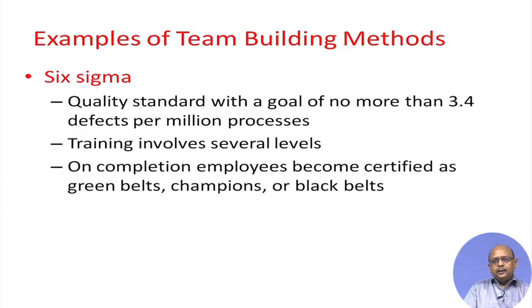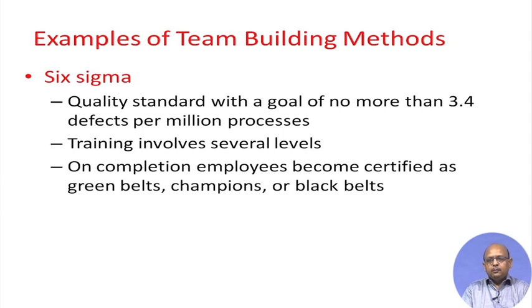Now, I am just giving some examples of team building, like Six Sigma. Six Sigma, you know, is a method for improving quality. You have to bring in quality standards at the rate of 3.4 defects per million processes, right. There are different processes through which you have to go when it comes to Six Sigma.